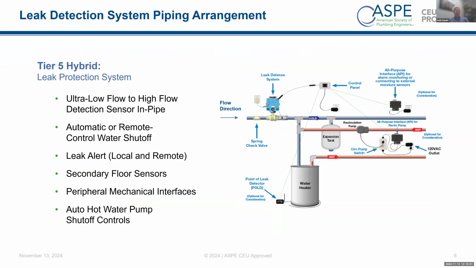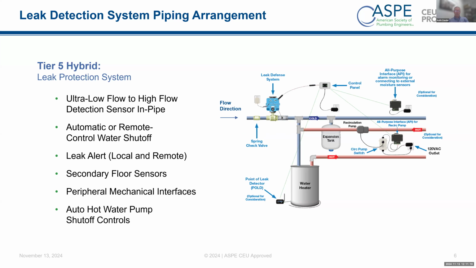The leak protection system is an ultra low flow, all the way to a high flow detection sensor in a pipe. We're talking about an in-pipe nature on the left-hand side. In this section over here, we've got a sensor and an automatic shutoff actuator. You've got a ball valve showing in this application. Then you have a spring check valve here. I'm going to go through those components and tell you why they are important.